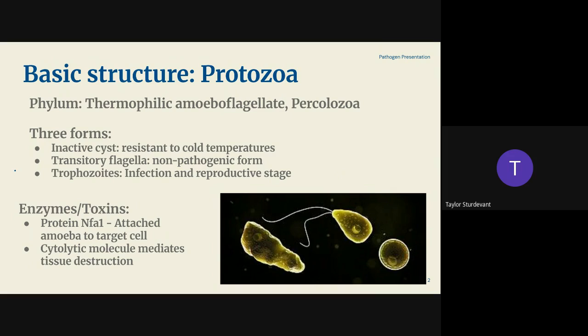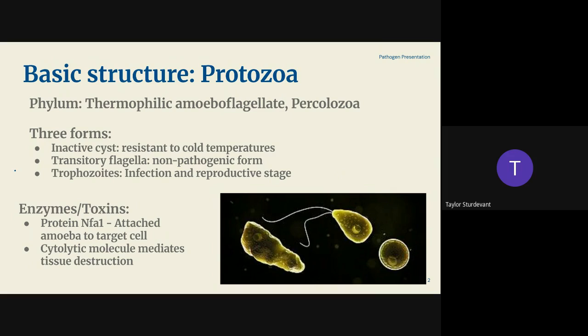In the inactive cyst form, you'll see at the bottom right, shown as the little circle. This is how it's stored, and it's resistant to cold temperatures. So this is how it survives when it's not in optimal temperatured water, things like soil and stuff like that. It is inactive. It is not in the reproductive or infection stage.